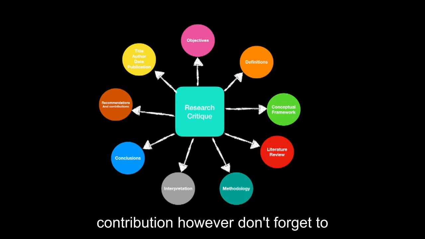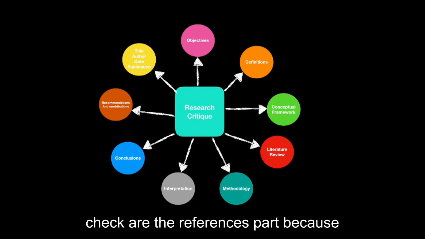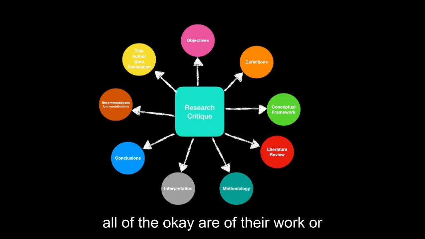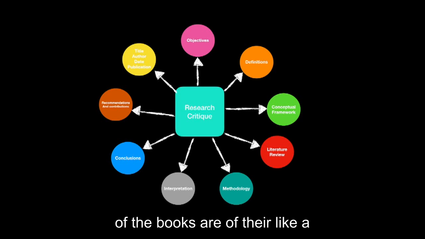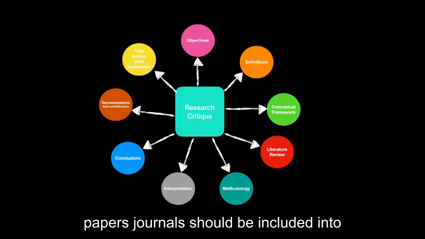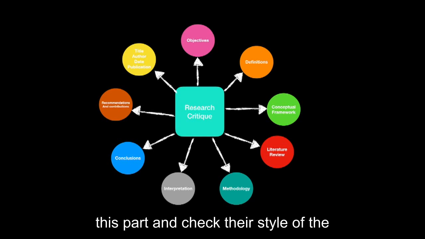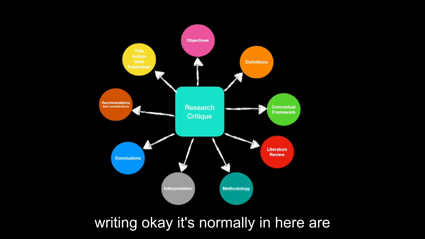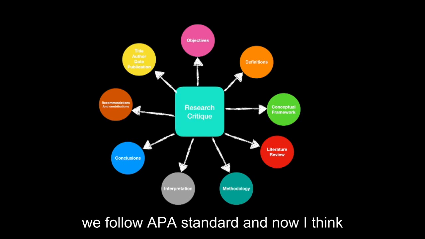However, don't forget to check the references part, because all of the books, papers, and journals should be included in this part, and check their style of writing. Normally here we follow APA style.